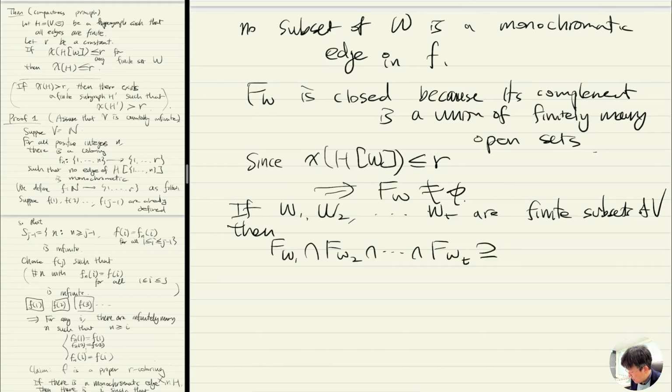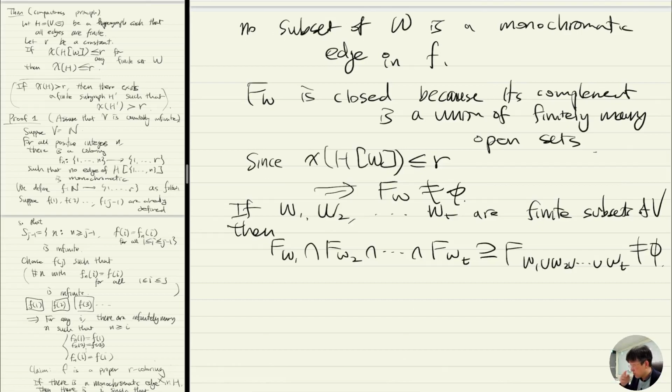Their intersection, well, it's a set of colorings where no monochromatic edge inside W1, no monochromatic edge inside W2, etc. Well, that certainly contains the set of colorings where no monochromatic edges inside the union of the Wi's, but this is non-empty.